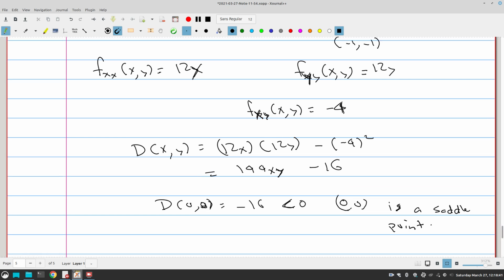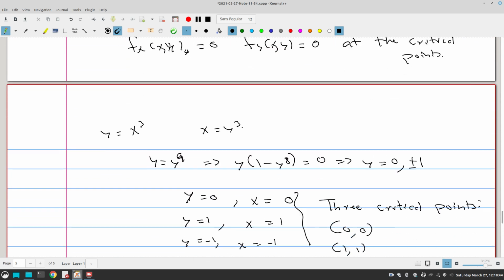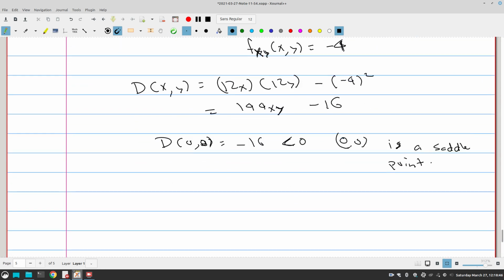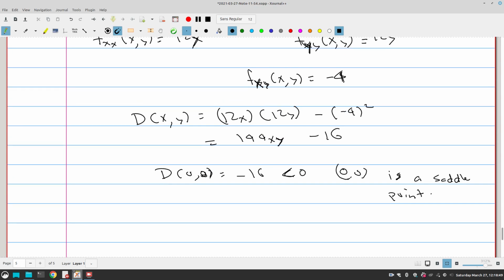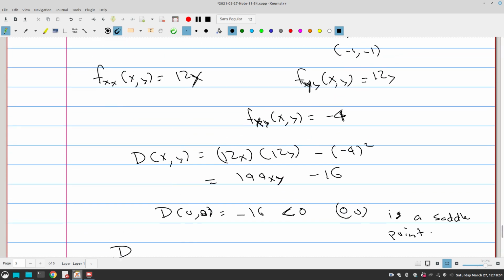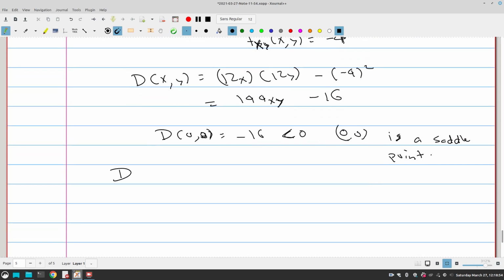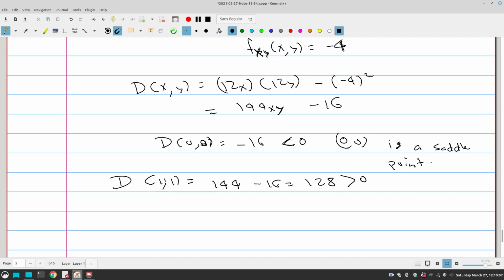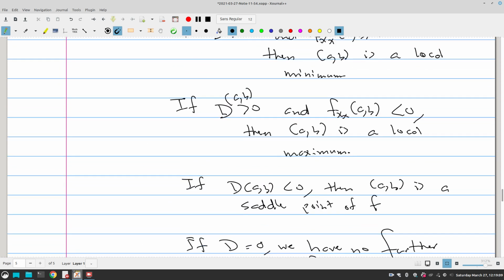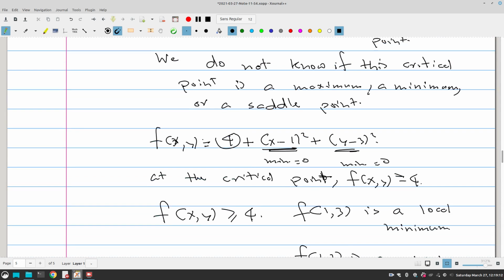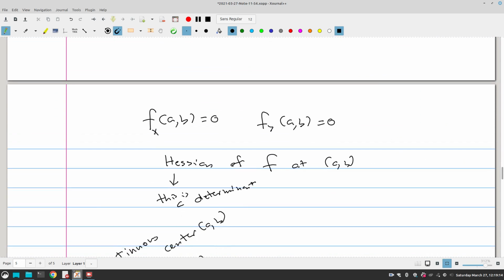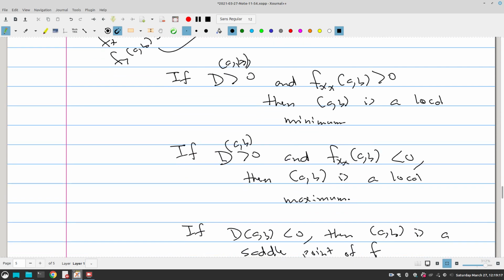Right, and then you have D of (1, 1), which equals 144 minus 16, which is 128. Which is greater than 0? Yes. Now, remember, if D is greater than 0, what did I write down as the criteria? Right. D is greater than 0, fine.